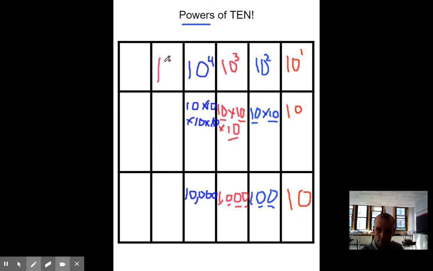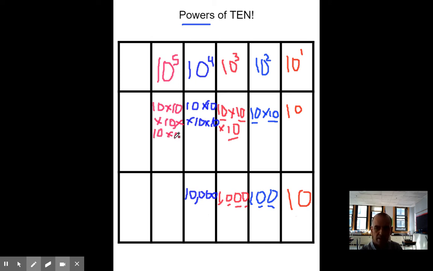Now let's go here. And this time, if we go from 10 to the 4th, now we go to 10 to the 5th. Okay, so that's 5 tens. 10 times 10, there's 2. Times 10, there's 3. Times 10, there's 4.